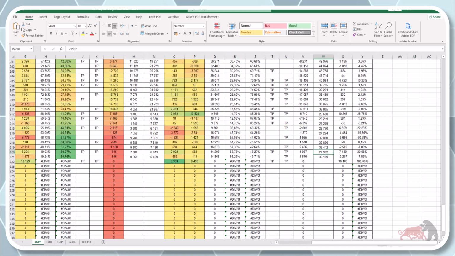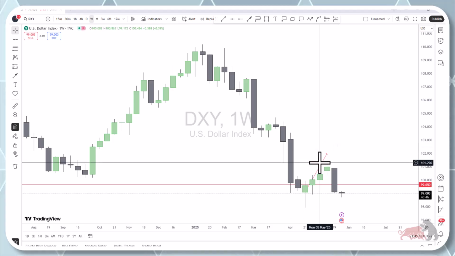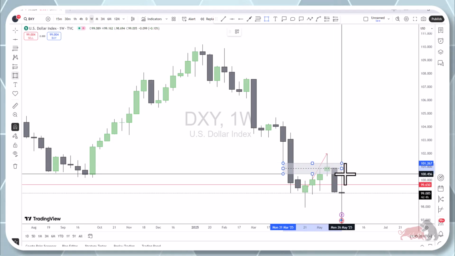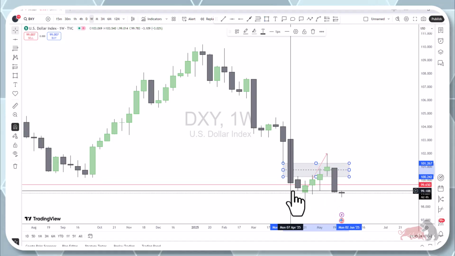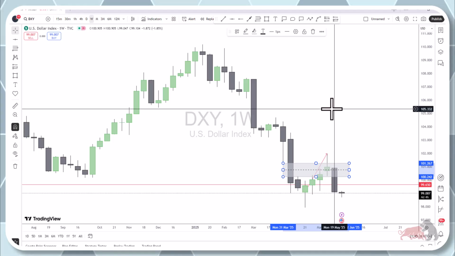This was last week. That's when we had this redistribution into fair value. Where is fair value here? We had this gap here. That was fair value on the dollar index, and you can see how it has reacted after price filled the imbalance, the fair value range, for the dollar index.